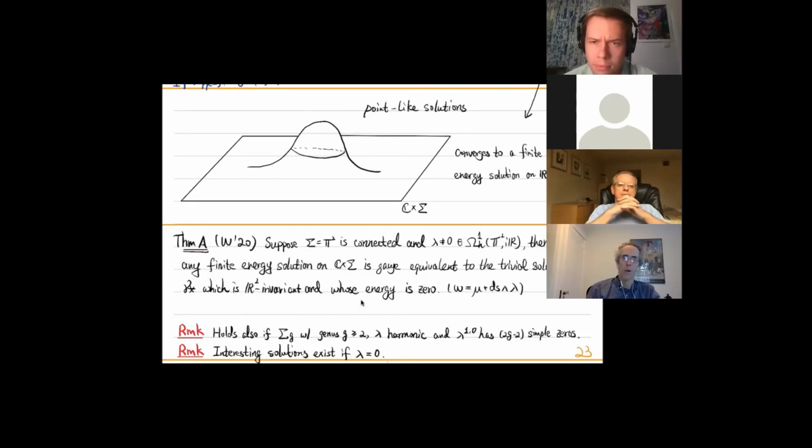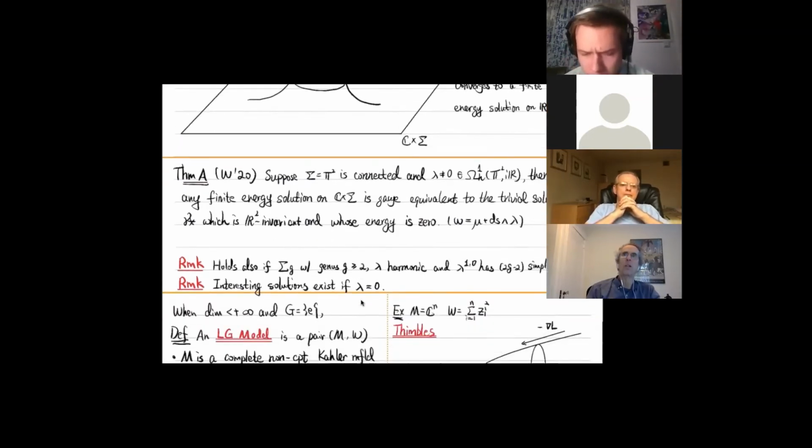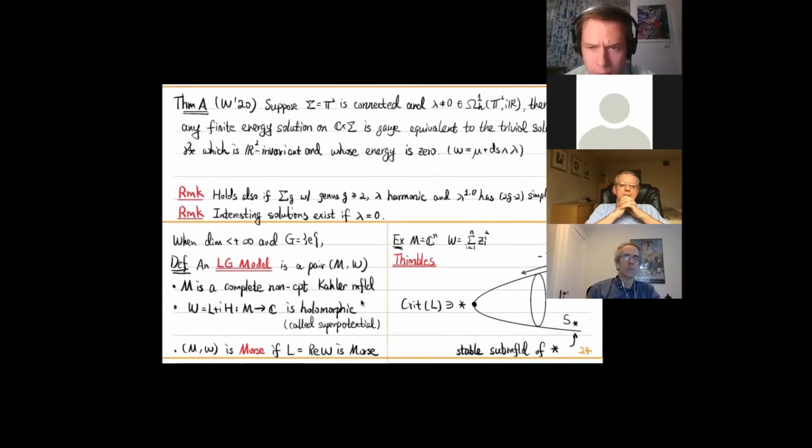But first, let me remind you of the definition of LG models. A Landau-Ginzburg model is simply a pair (M, W) where M is a complete non-compact Kähler manifold, and W is a holomorphic function defined on this Kähler manifold called the superpotential.